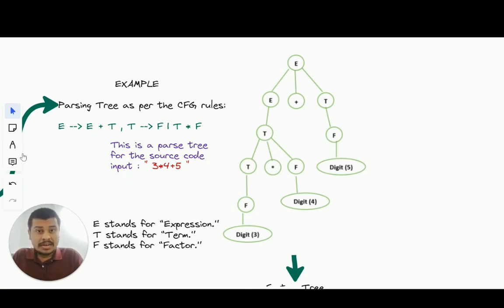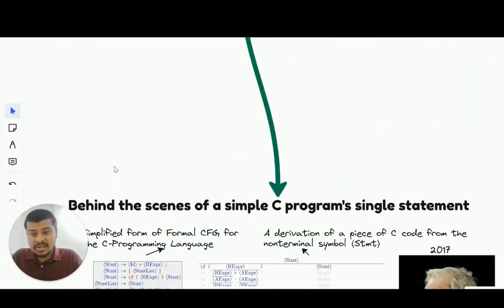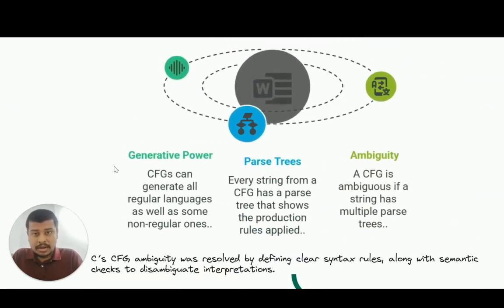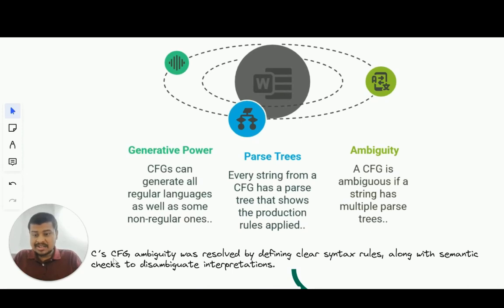So this is a disadvantage of CFG. That is why we have to come up with our own syntax rules to make it more comprehensive for programming languages. So that is why this ambiguity in C's CFG was resolved by coming up with particular syntax rules, so that the parser or the compiler doesn't get confused between one type of parse tree or the other type of parse tree for the same string.